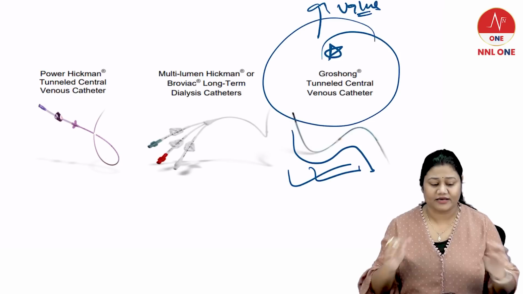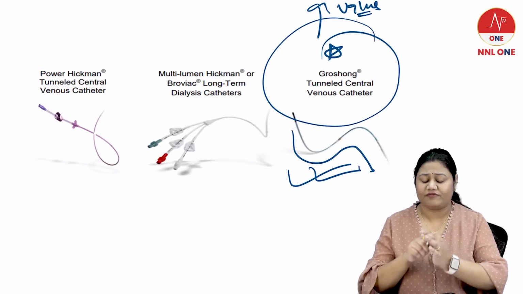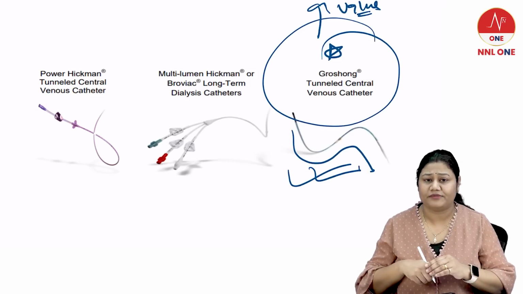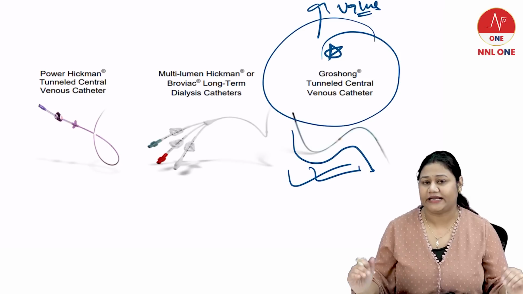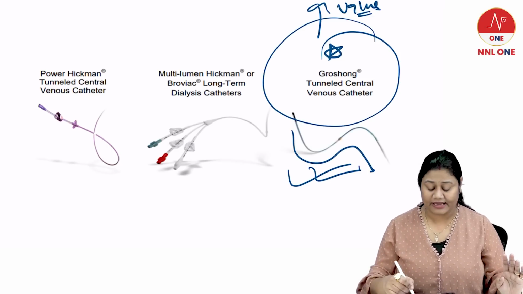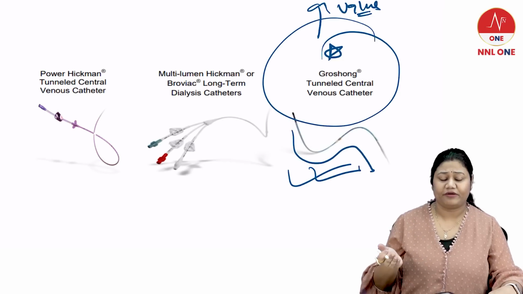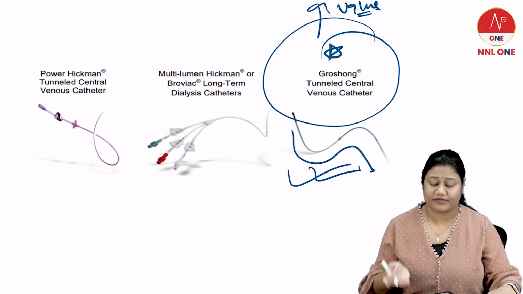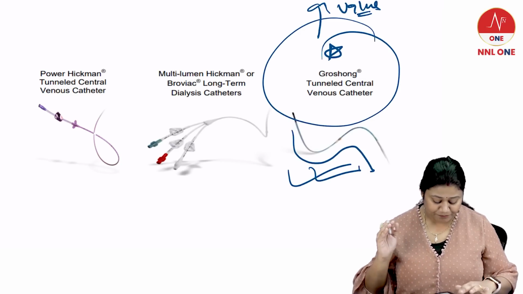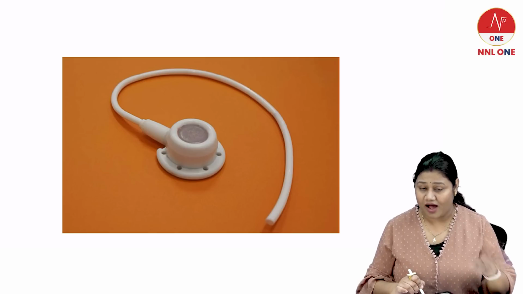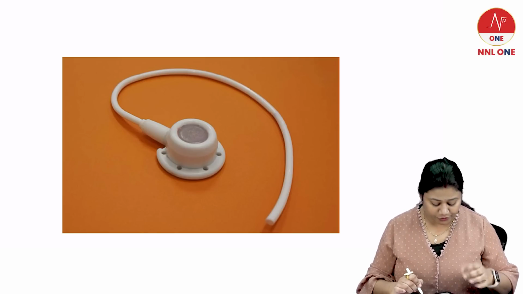So you do not have to clamp the catheter when it is not used, or whenever you are disconnecting any tubing from this lumen, because the valve is present inside the catheter, right? This is the reason you don't require any heparinized flush, so you can use this catheter if your patient has heparin-induced thrombocytopenia, right? This is the chemoport, the last classification of CVP line, which is the implantable chemoport.